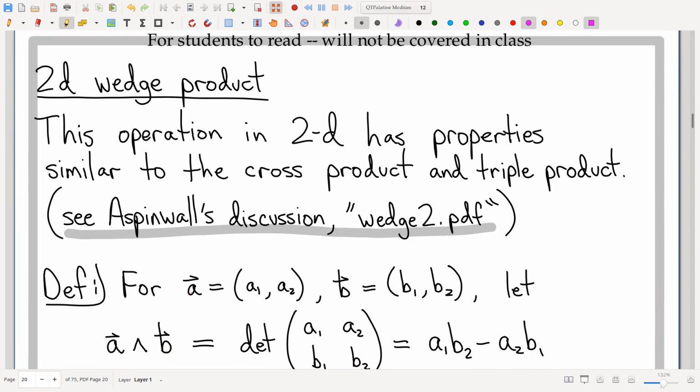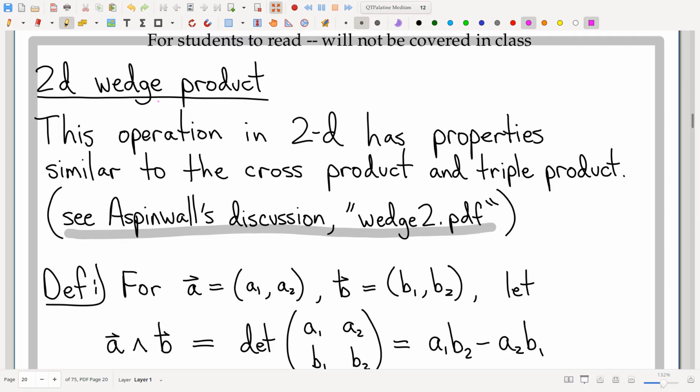Okay, the very last thing in 1.4, this is for students to read. I'm going to say a couple of quick words, as I often will do for these kinds of things. The cross product mostly is a three-dimensional thing. There is a higher dimensional cross product that y'all are going to play with on one of the homework exercises. Maybe you already have it, one of the later homework exercises, if I remember correctly.